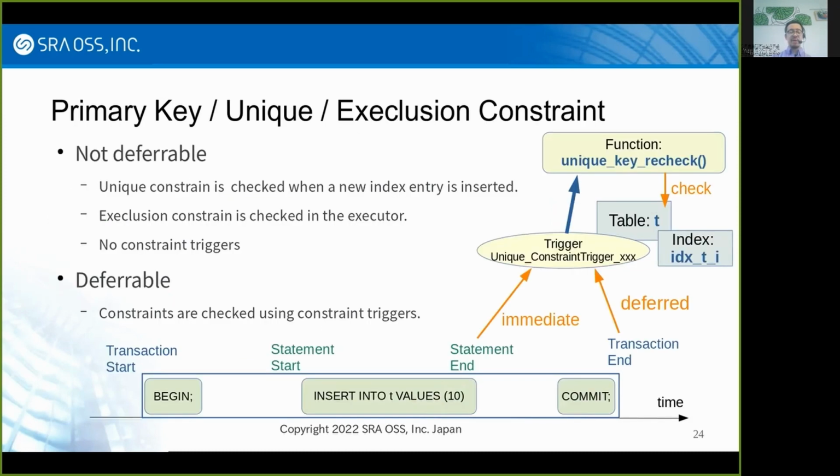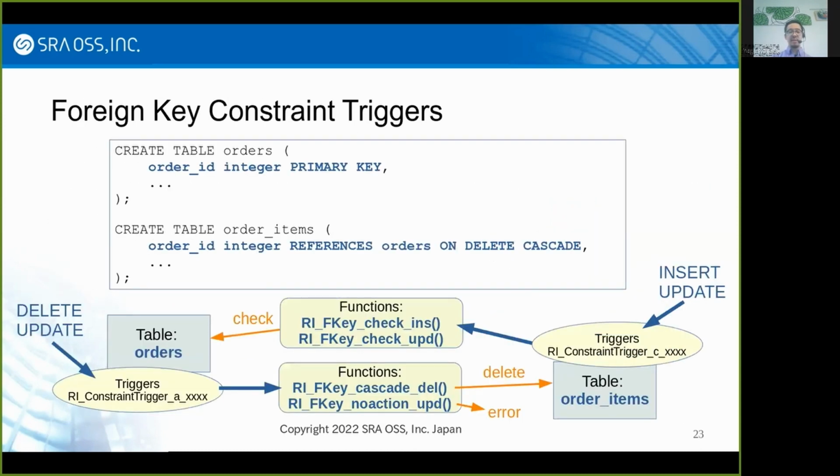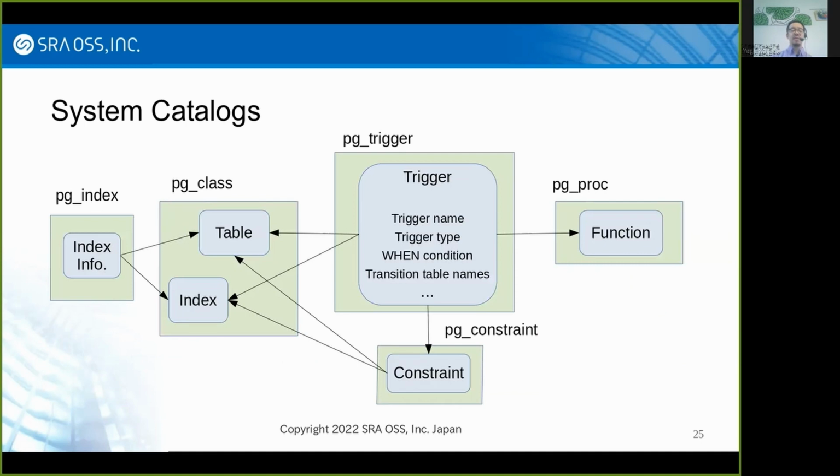As I explained here, some constraint triggers are related to an index. So if such constraint triggers are created, their relationship between the trigger and the index is also stored in the system catalog.